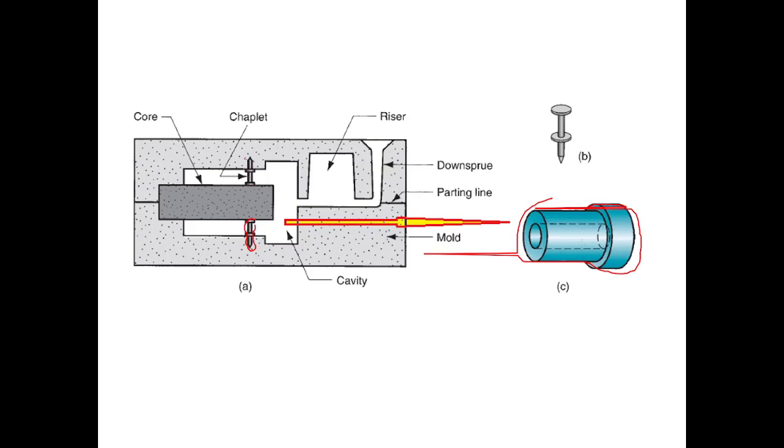These are called chaplets. In this example, the core is like a cantilever beam. Okay, this is like a fixed support. This end of the core is supported by the mold.